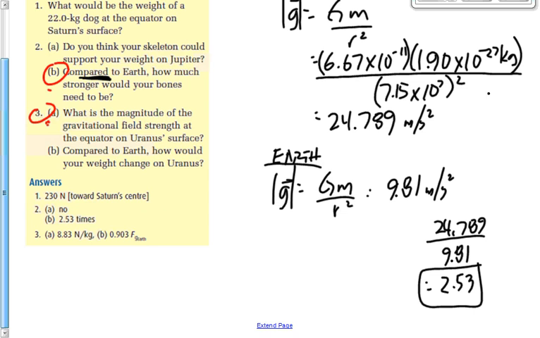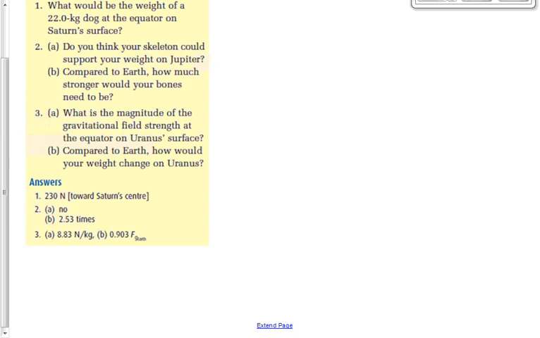Okay, number 3 says, what is the magnitude of the gravitational field strength at the equator of Uranus's surface? Compared to Earth, how would your weight change on Uranus? Field strength on the equator. We're going to do this the same way, right? Except this time, we're not going to use the information about Jupiter.